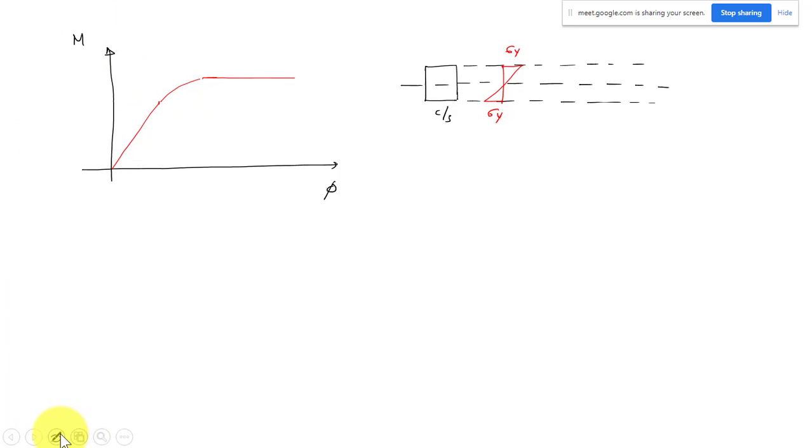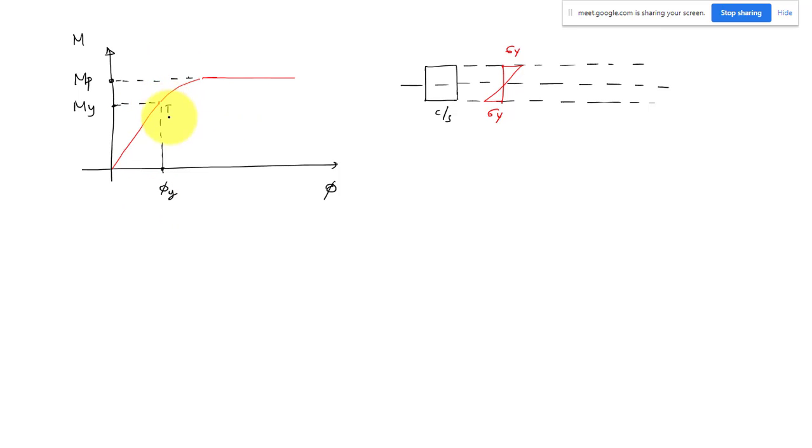Let us say this moment is MP and this moment is My. This is my phi, curvature, and this corresponding curvature you can say is the curvature at yield point, phi y.